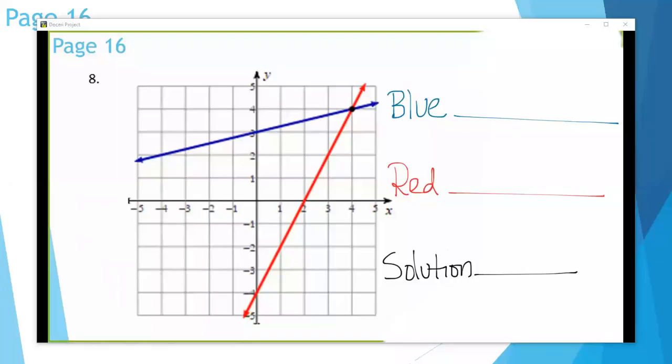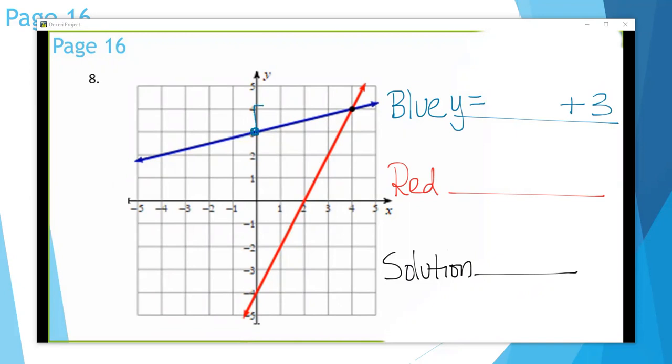So for our last question, the blue line has a y-intercept at 3. So I know my equation is going to end with a +3. So I'm going to put that down here. I'm going to start with the y equals. So the blue line intersects at 3.